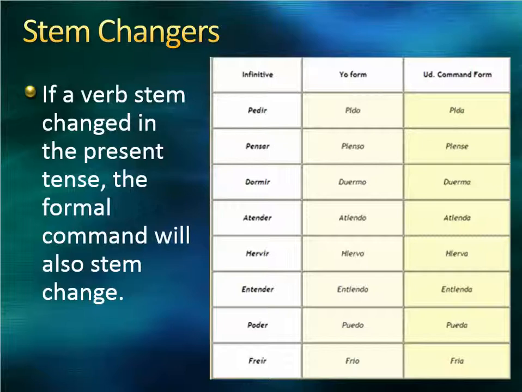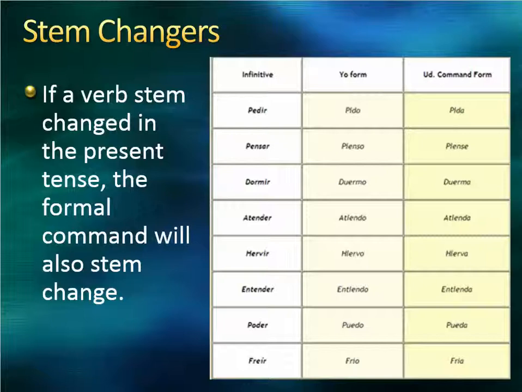Atender, yo form was atiendo, and the usted command form is atienda. Hervir, which you just learned means to boil. The yo form is hiervo, and the command form is hierva, which incidentally sounds a lot like the word for grass.